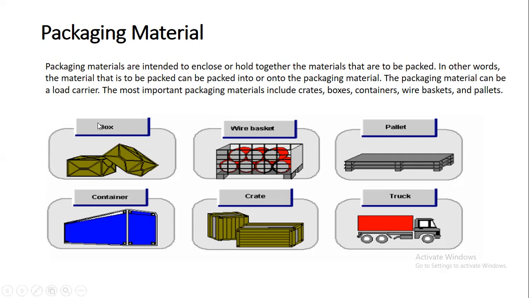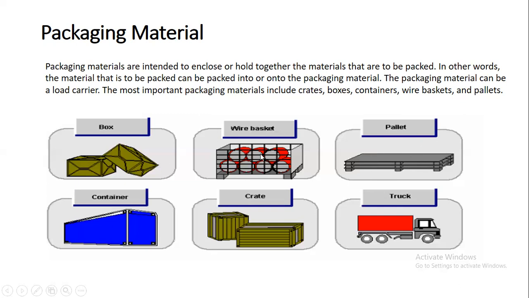So let's take an example. If you want to pack some bottles or some loose materials, then we can pack them in a box, right? Then we do not want to keep our boxes on the ground, and I also want a facility to pick the materials easily. So I can keep my material on a pallet.